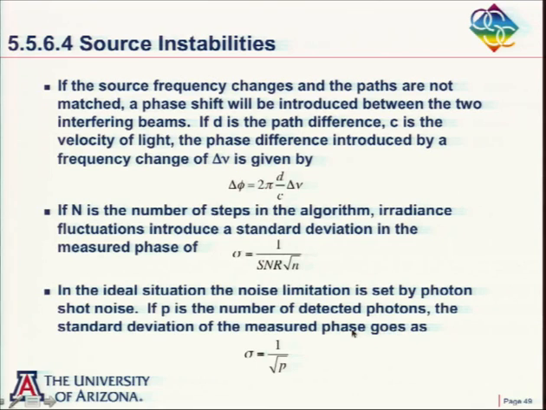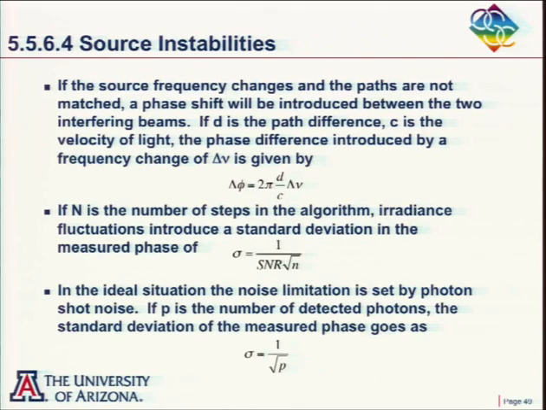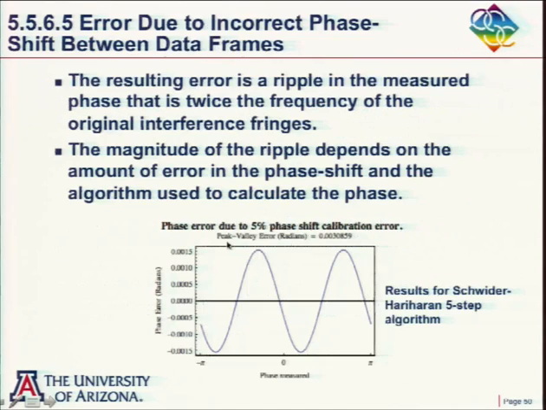And if you really get down to photon shot noise, which I dream about doing, but there are always other noises that kill you before you get to that, it would simply go as 1 over the square root of the number of photons you detect. So anyway, source instabilities, in general, are not something you worry about too much.